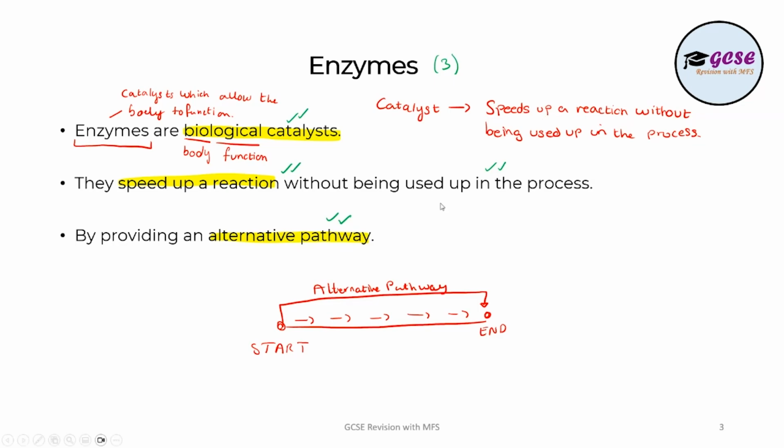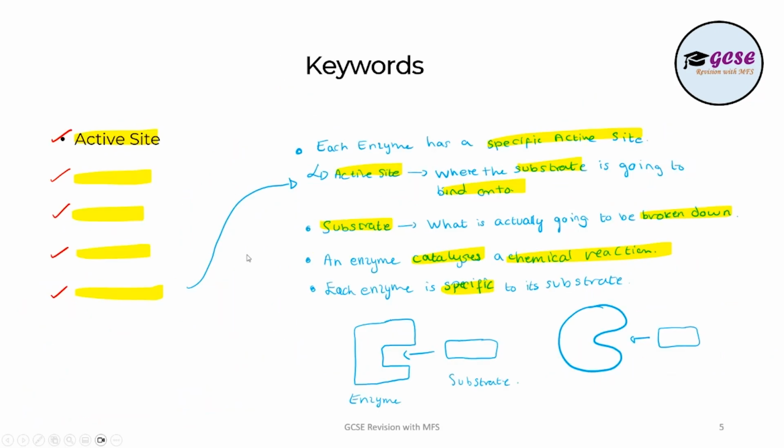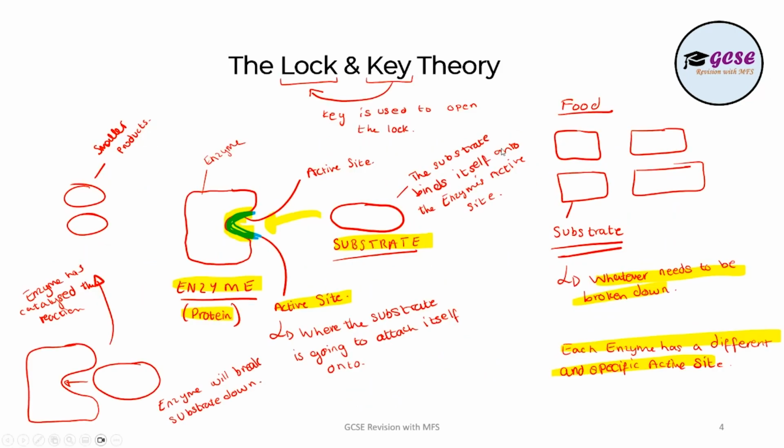If we look at the lock and key theory, which we did look at, I'm just going to skip to this slide as this explains it a bit better. So we saw that the substrate is what's being broken down. Enzyme, we know that it catalyzes a reaction. We know that the substrate binds to the enzyme's active site. The active site is just this layer, which we saw in this case, this layer over here. And each substrate is specific to the enzyme's active site.